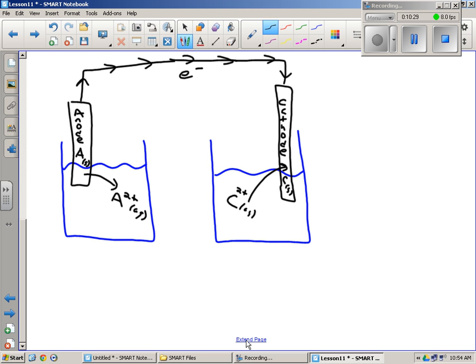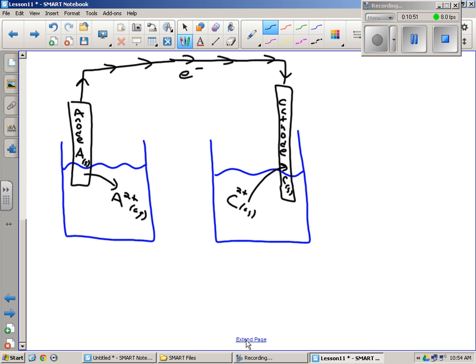We're missing a few things yet, but that's how this battery or voltaic cell would work. By the way, you know how many voltaic cells are on this sheet? The answer is lots, because anytime you have a spontaneous reaction, it's voltaic.